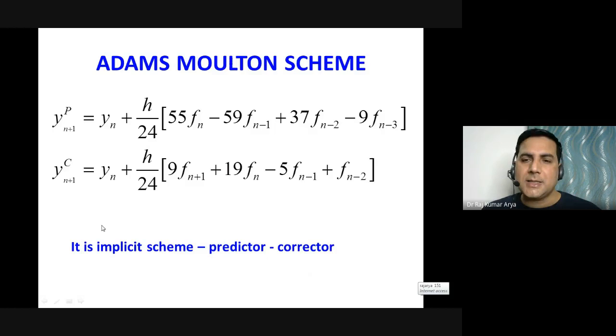This is again an implicit scheme, because whatever is calculated would be substituted here somewhere just to calculate fn plus 1, and then whatever is calculated is substituted back again to get a stable value. So this fn plus 1 is coming from here only. So this is an implicit scheme actually.